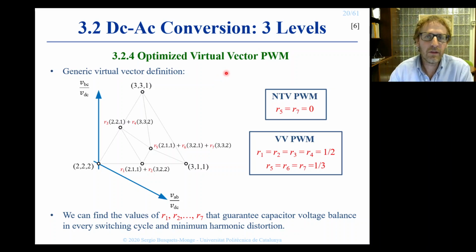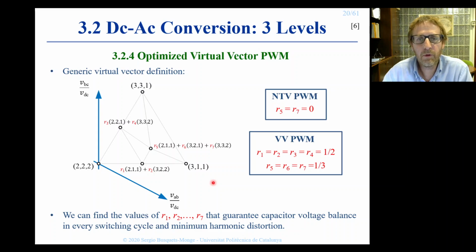In order to answer this question, we can formulate a general pulse width modulation strategy based on some generic virtual vectors defined as a linear combination of switching states, but now the coefficients of this linear combination are unknowns. We have designated these unknowns as R1 through R7.